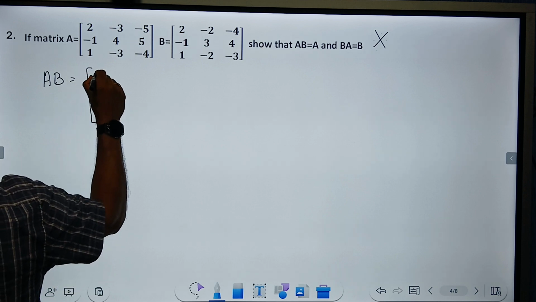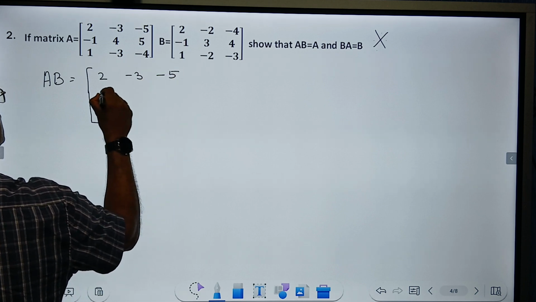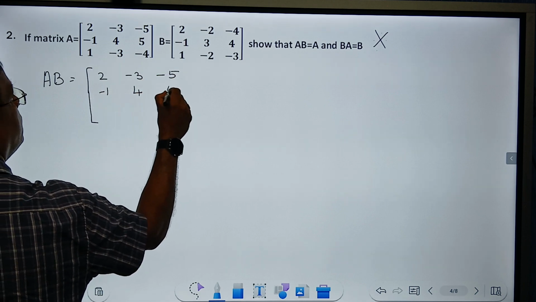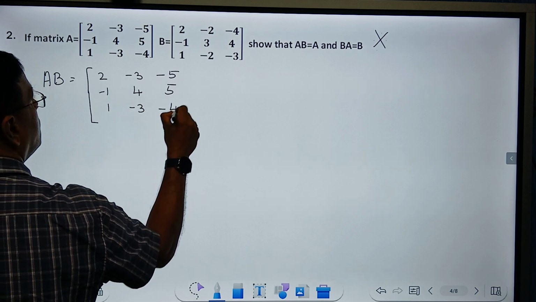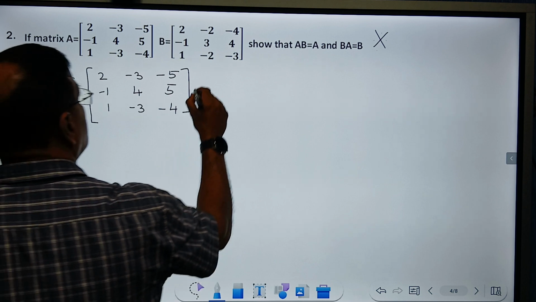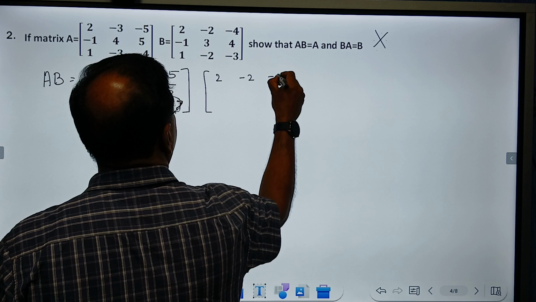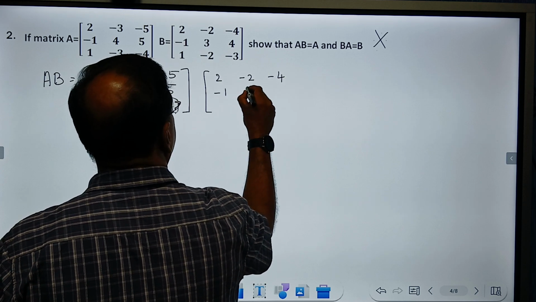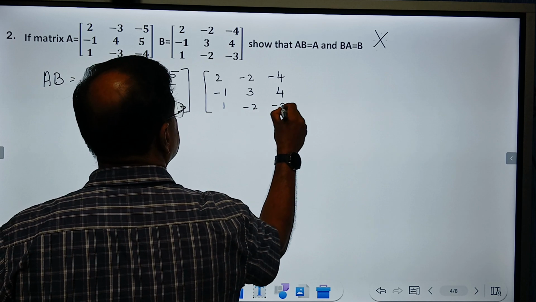A will be 2, minus 3, minus 5, minus 1, 4, 5, 1, minus 3 and minus 4. What is B? B will be 2, minus 2, minus 4, minus 1, 3, 4, 1, minus 2, minus 3.